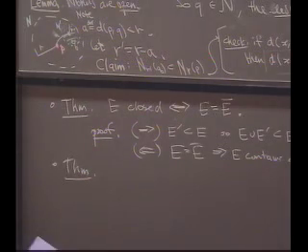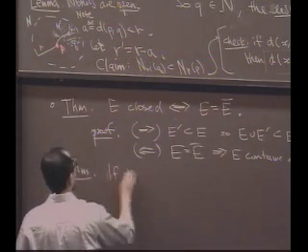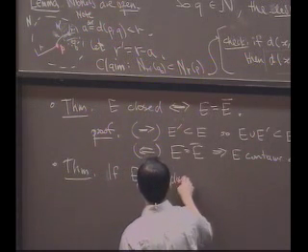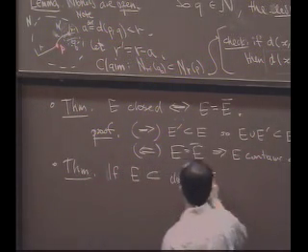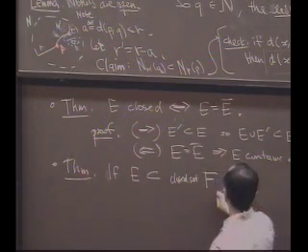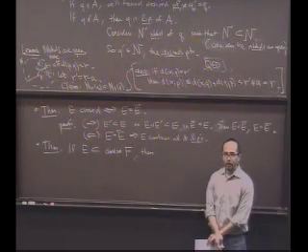Here's a nice fact about closures. Suppose you have a set E that's contained in a closed set F. Well, then I claim that the closure of E, what do you think I can claim about the closure of E?